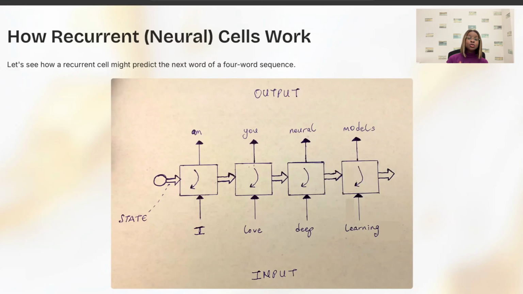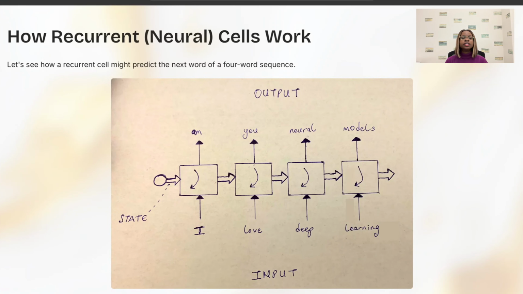All right, let's look at an example to see how exactly recurrent cells work. Of course, I've already touched on it in the previous slide, but this will help drive the point home. Let's see how a recurrent cell might predict the next word of a 4-word sequence. This is the diagram that I hand drew.